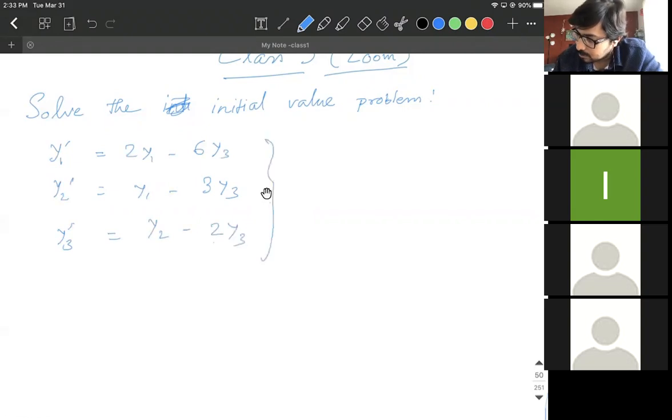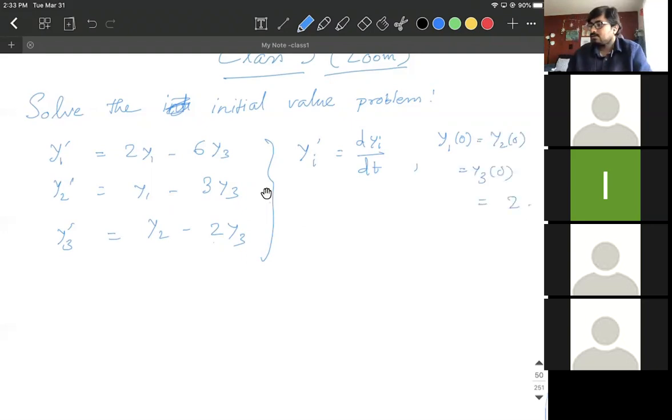So recall that this yi prime is dyi/dt. And we also have this initial condition that y1(0) equals y2(0) equals y3(0) equals 2. Okay, so this is the initial condition.